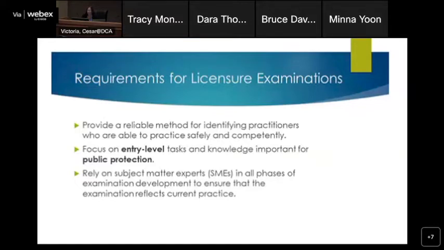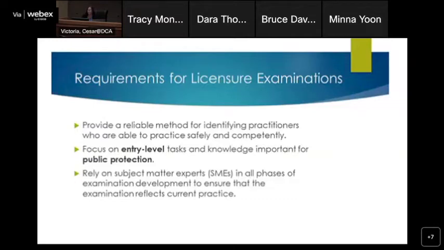Subject matter experts are those that are licensed in the field. They're the ones that bring the content or practice expertise. So what makes an exam defensible is utilizing not only test specialists, but also your committee or your board or your staff members who are knowledgeable about the regulations and scope, but then also your licensees who know the practice.